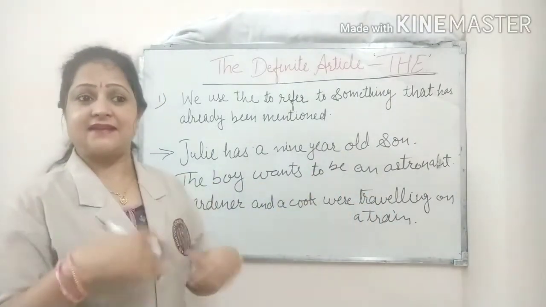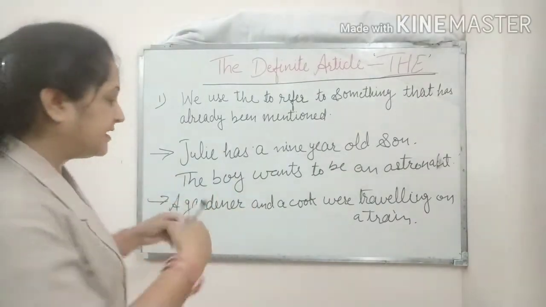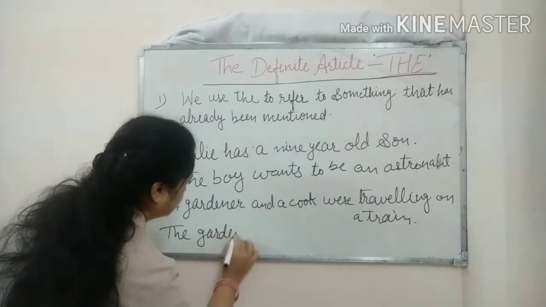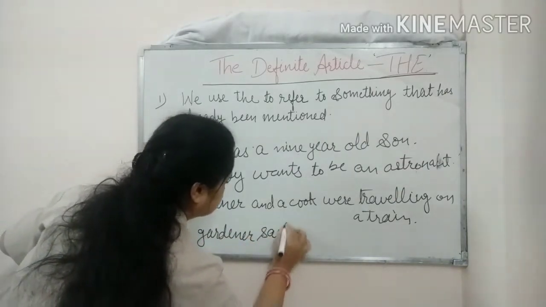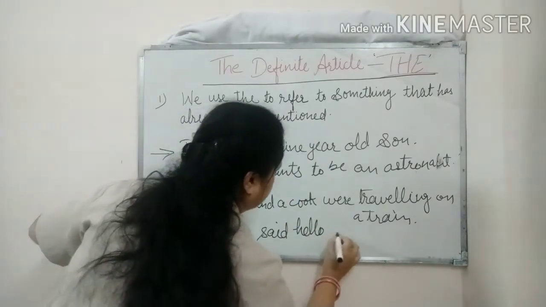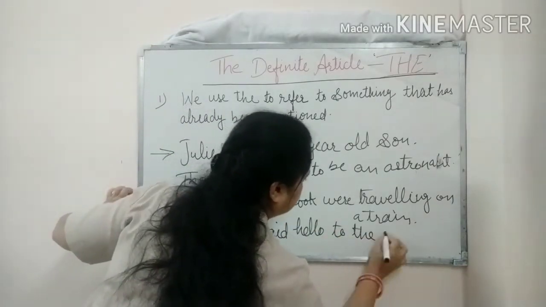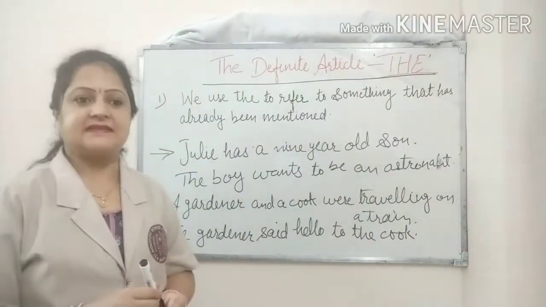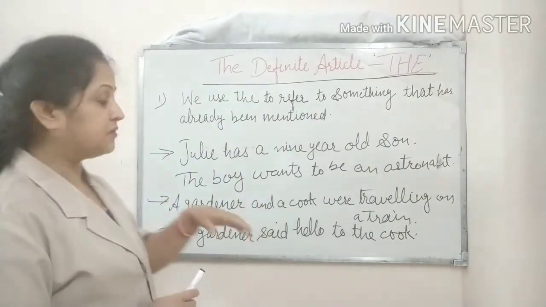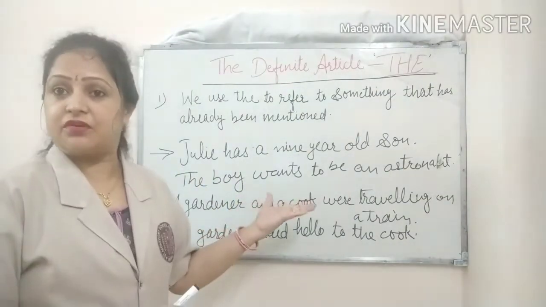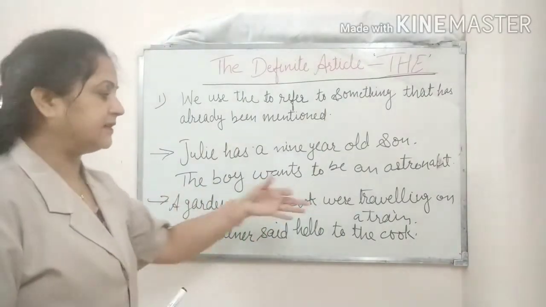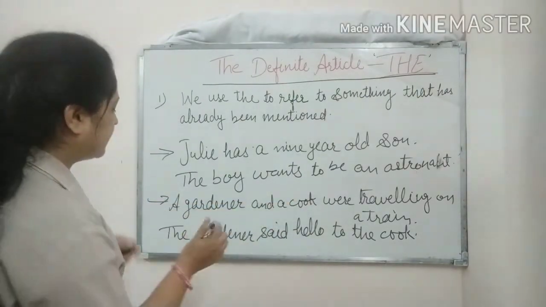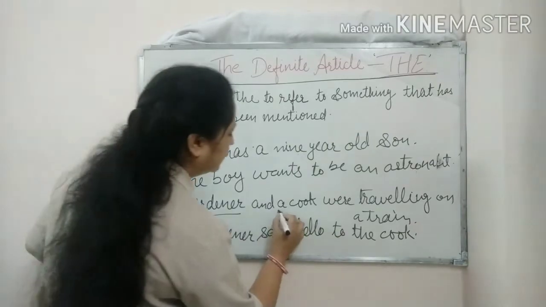Now I am writing the second sentence here. The gardener said hello to the cook. In the first sentence we don't know which gardener and which cook, so we write a gardener and a cook.